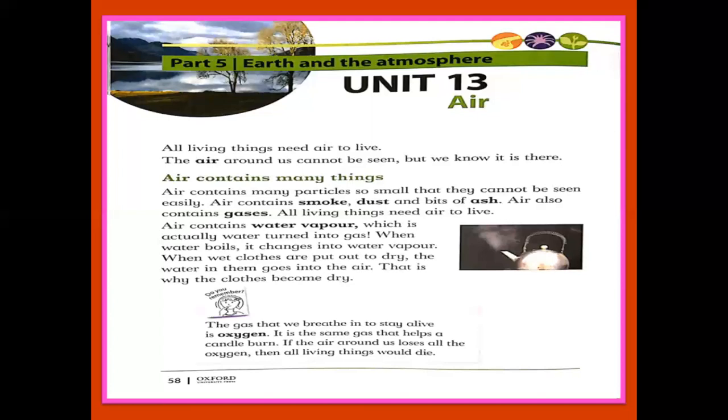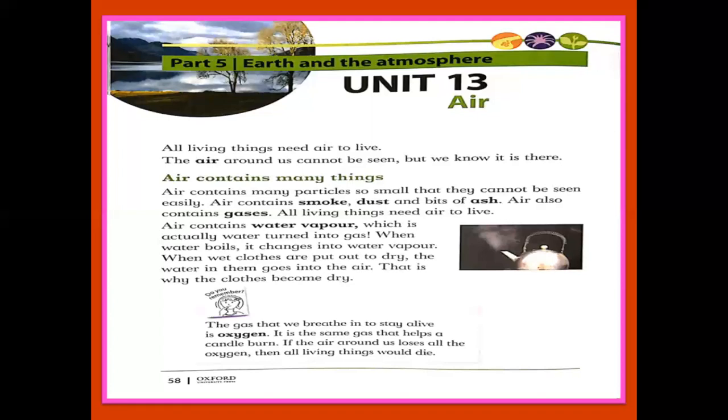From where are these water vapors added in the air? These water vapors come from the water. How? When we boil water, it changes into water vapors, and then these vapors add into the air.